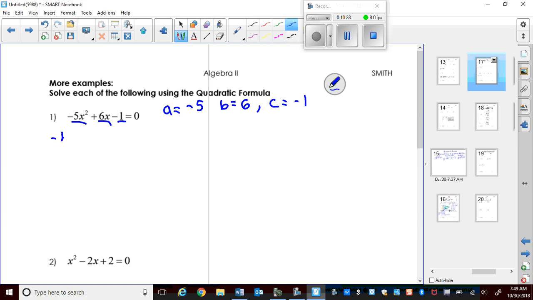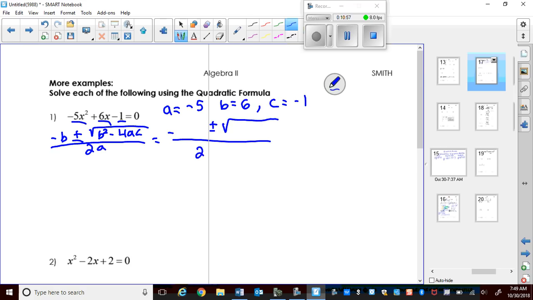Write out my quadratic formula, negative b plus or minus the square root of b squared minus 4ac divided by 2a equals negative plus or minus what's inside the radical, and then 2 times a number. So b is 6. I have 6 squared under here minus 4 times negative 5 times negative 1, and 2 times negative 5 on the bottom.